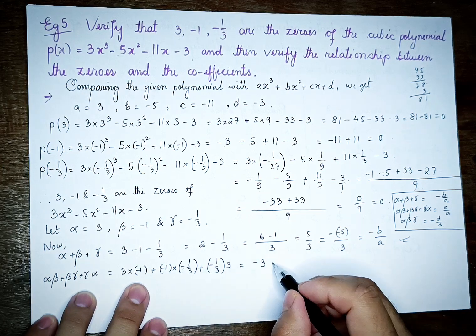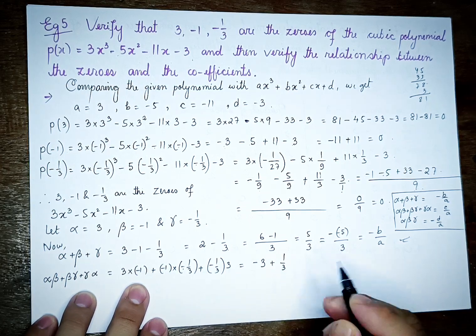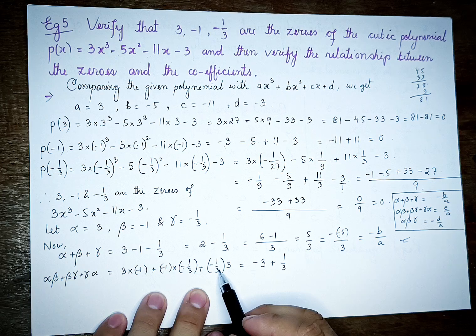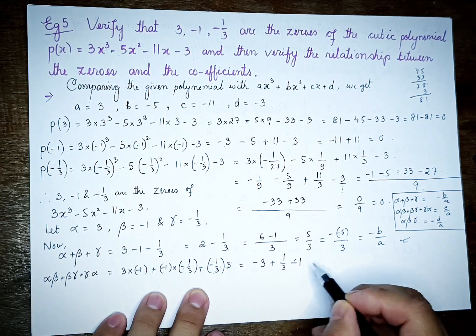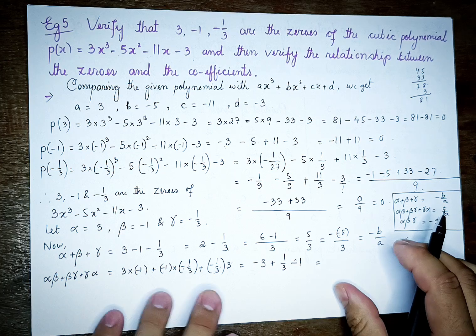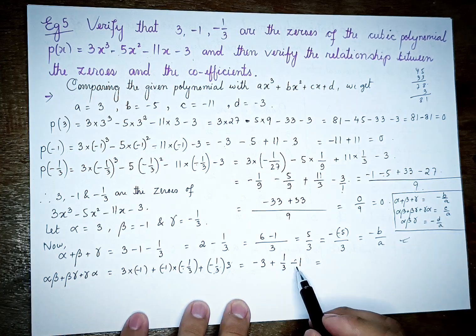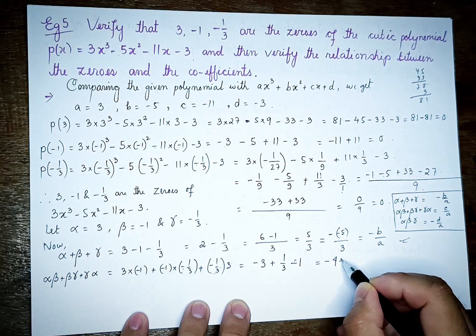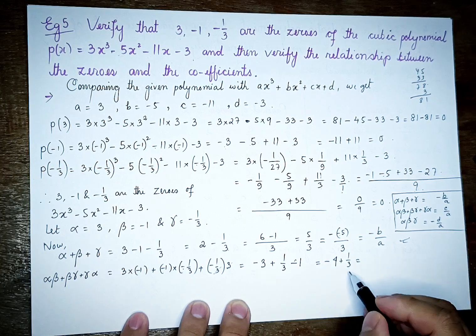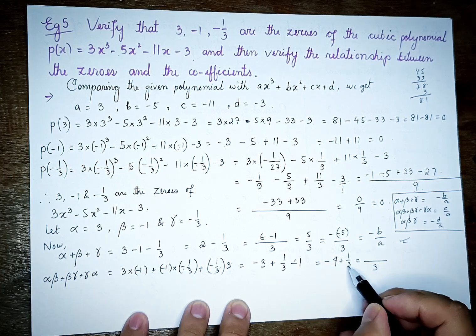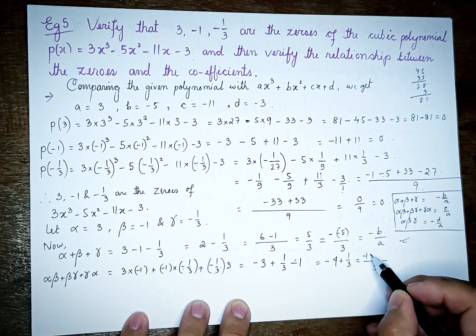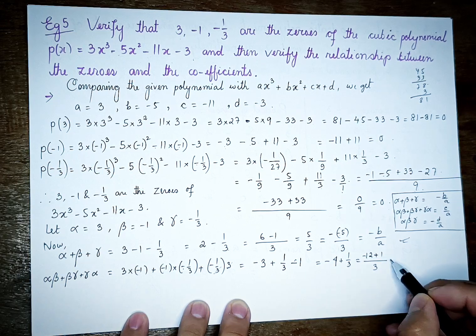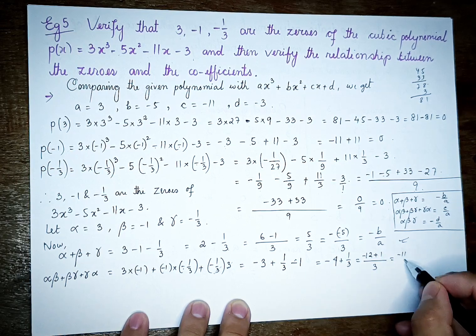Minus minus plus, we get plus 1 by 3, and cancelling this 3 with the 3, we get minus 1. So we write minus 1 here. So minus 3 and the minus 1, we get minus 4 plus 1 by 3, we get 3 fours are 12, minus 12 plus 1, we get minus 11 by 3.